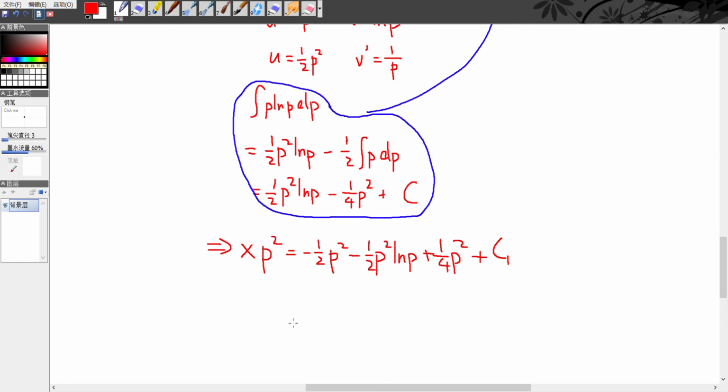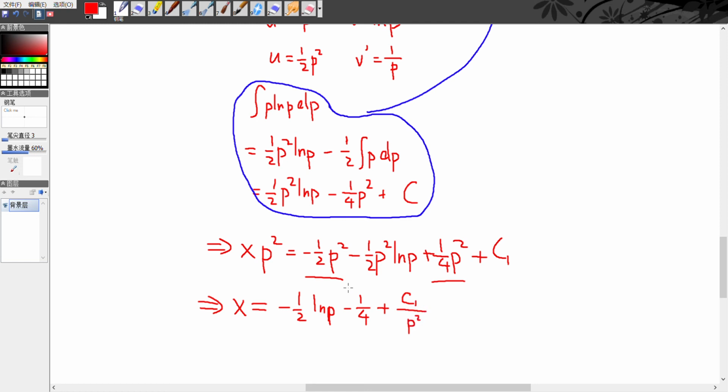And now what we will have is x is equal to negative 1 over 2, minus 1 over 2 ln p, and negative 1 over 4 to merge these two constants, and plus c1 over p squared.